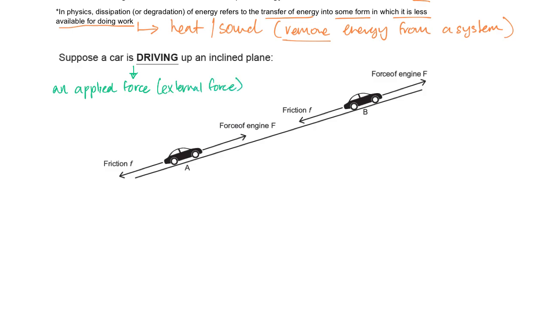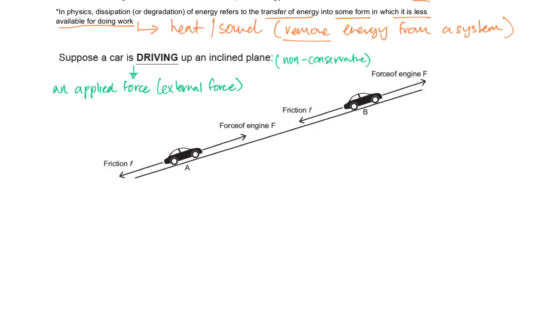So the minute I see that, I've already got a non-conservative force or situation. So I've got a driving force of this engine. Like I said, you can have tension in a cable, or an object that is pushed or pulled.